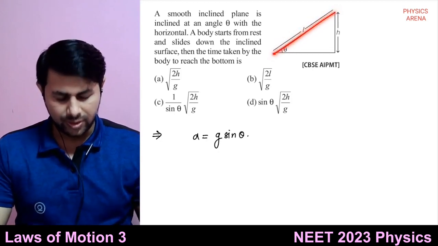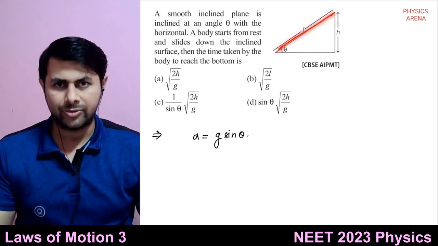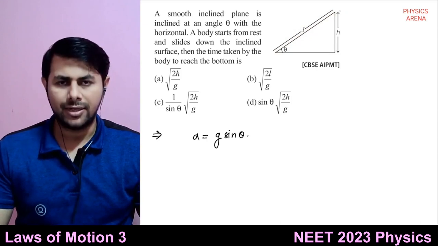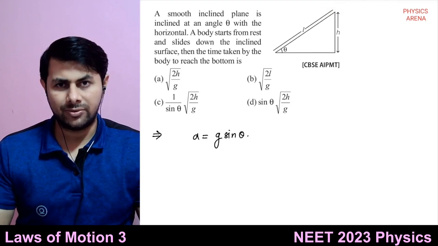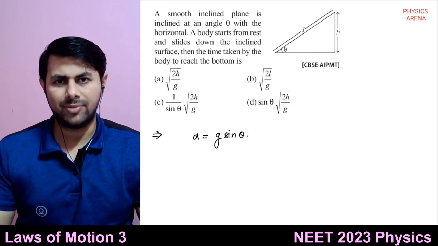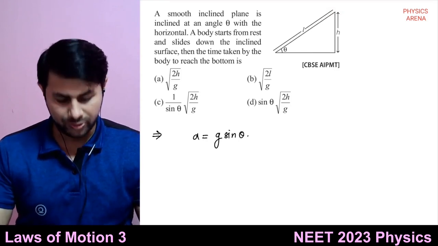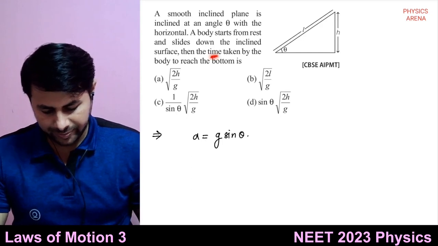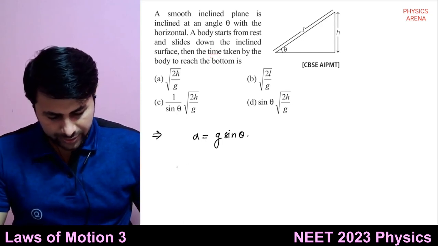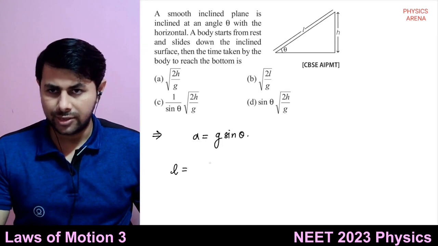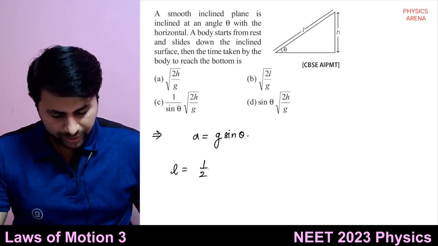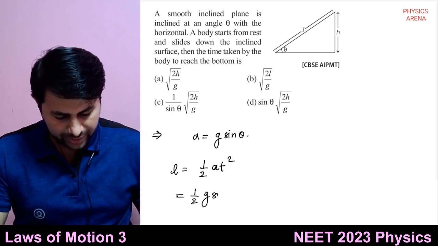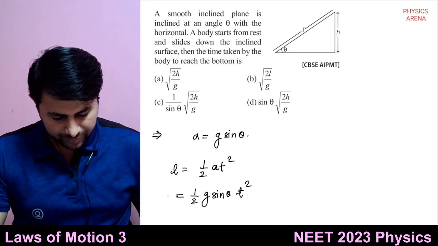Now we know the length, that means we know the displacement, right? And it is starting with initial velocity equal to 0. So s is equal to ut plus half at square because we want to find out the time. So L is equal to ut, u is 0, plus half of at square, that is half of g sine theta multiplied by t square.